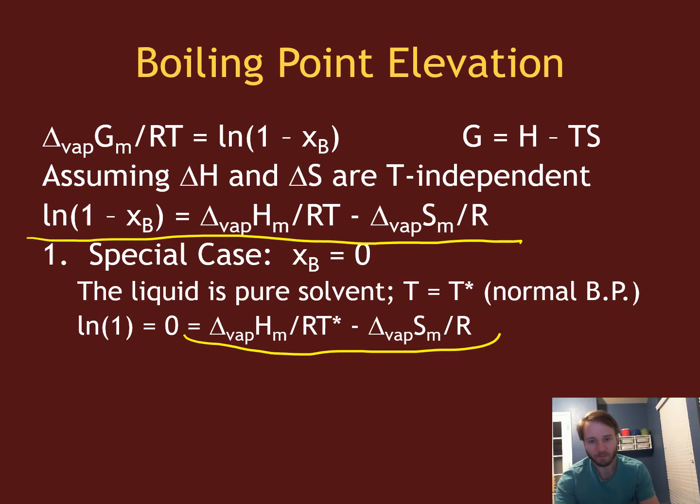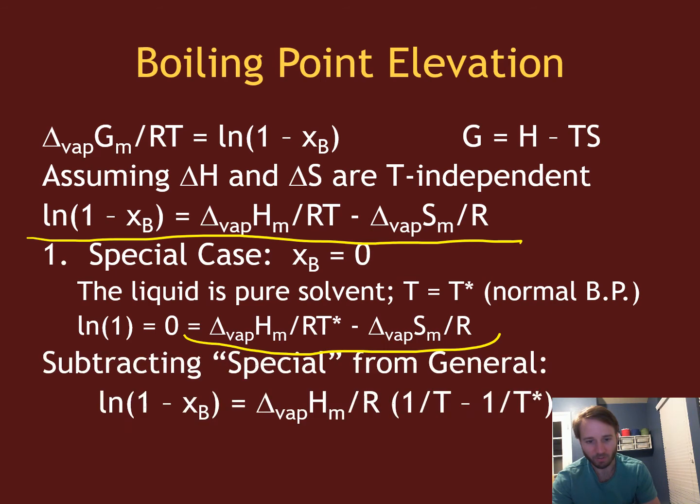What I'm doing is using this special case so I can substitute out what the molar entropy of vaporization divided by R is equal to, solving this equation and plugging it into the equation called 1 up here. So setting this equal to, let's use a different color here.